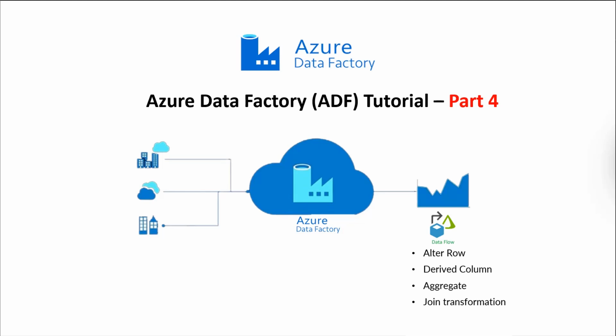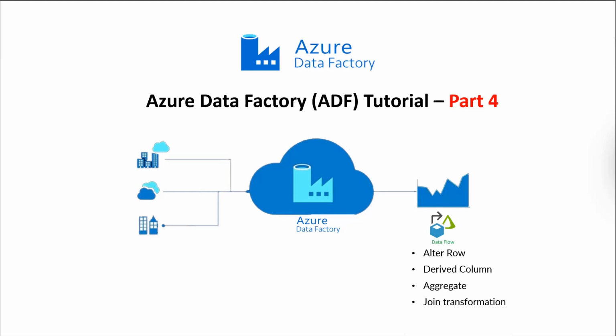Today, we focus on data flow, which is a data transformation component inside ADF, and it allows us to perform complex operations such as aggregations, joins, derived column, filtering, pivoting, and more. And a pipeline can contain a data flow activity, basically.